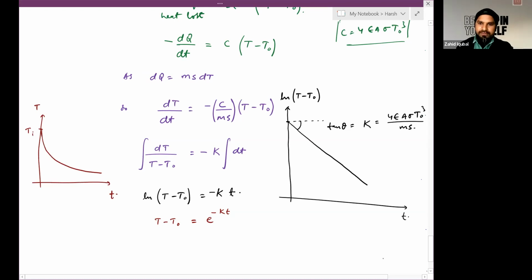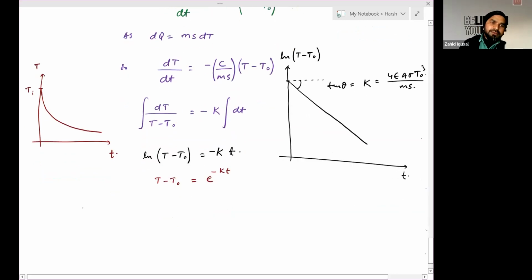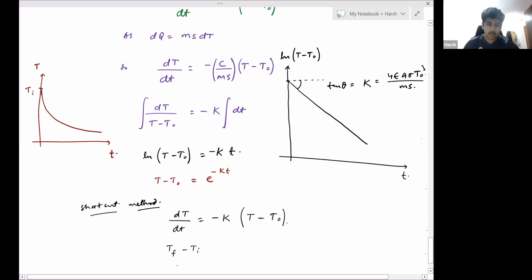Now, for calculation purposes, we may rearrange this particular formula in some different form. So let me define a shortcut method. As we have dT divided by dt is equal to minus of K times T minus T naught in the above part, we may write dT as temperature difference, T final minus T initial, by time difference, t minus 0.